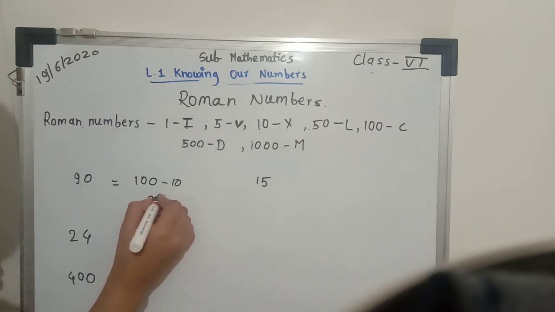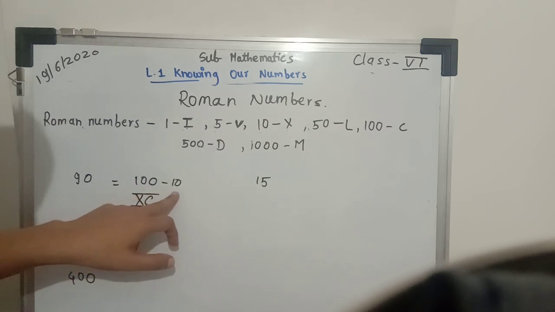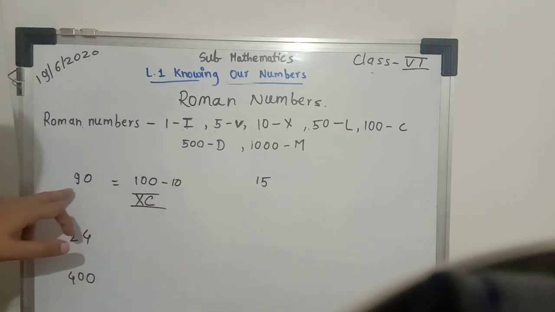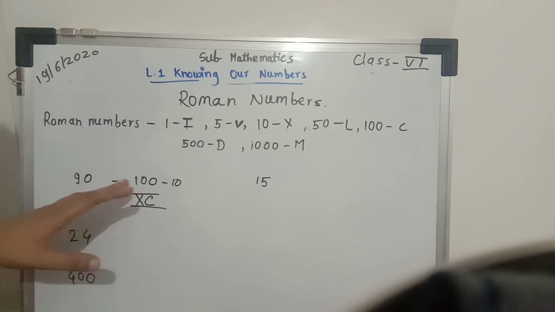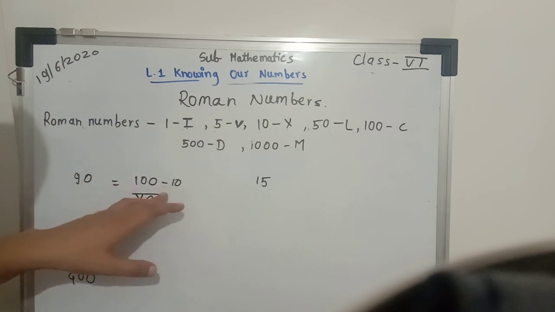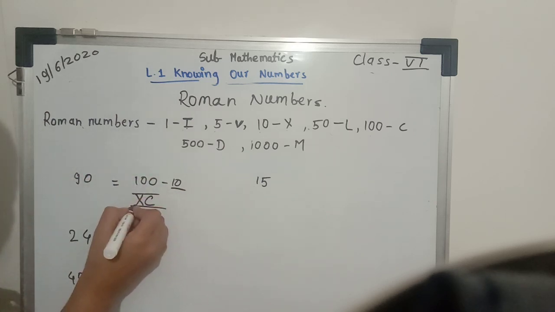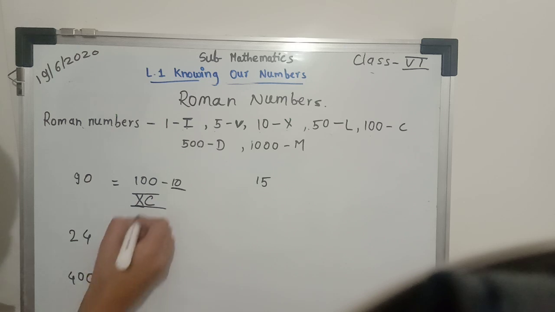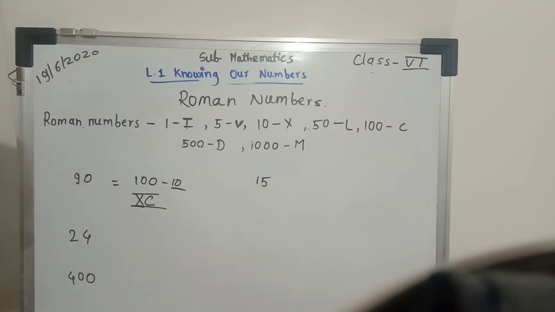That is X. So remember students, we are subtracting the 10 from the 100, and we have seen in the rule, when you are subtracting any smaller number from the larger one, you have to always write the smaller number on the left side and the larger number on the right side. So XC is the Roman number for 90.